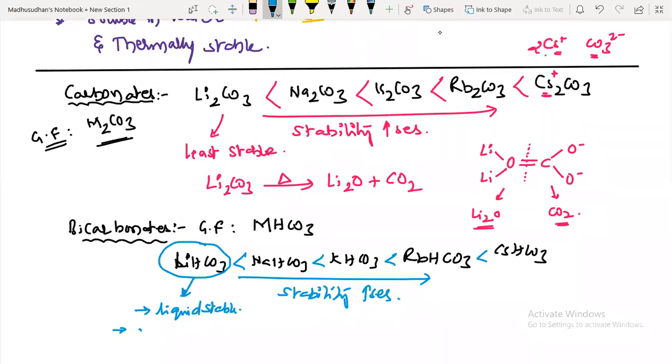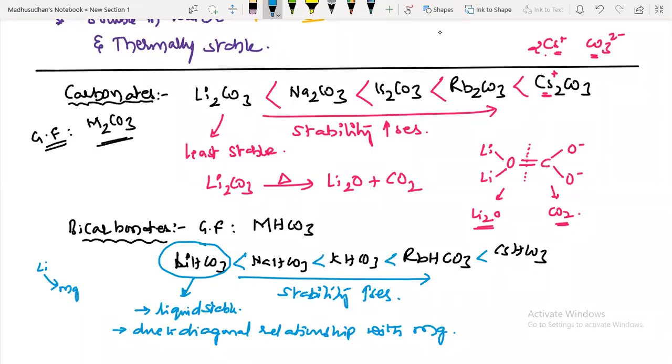The reason is the diagonal relationship with magnesium. How are they diagonally placed? Lithium is a first group element and magnesium is a second group element. They are diagonal elements, right?